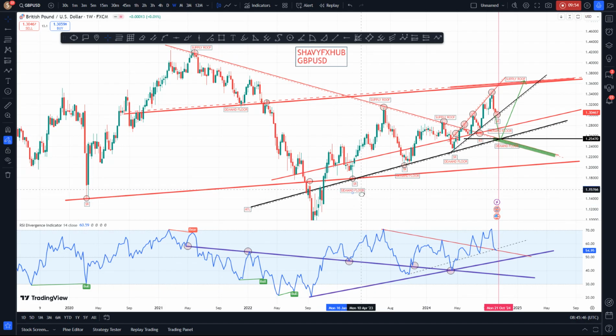So let's put it demand roof. So we have here demand roof.